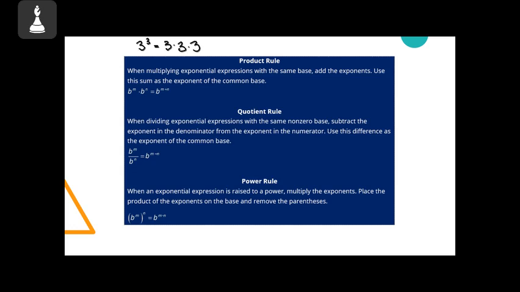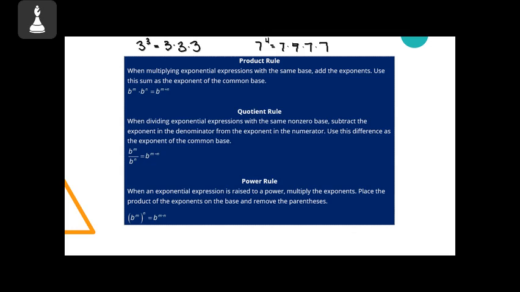If we have 7 to the fourth power, that means 7 is multiplied by itself 4 times. So 7 times 7 times 7 times 7. So the exponent tells us how many times that number is multiplied by itself.